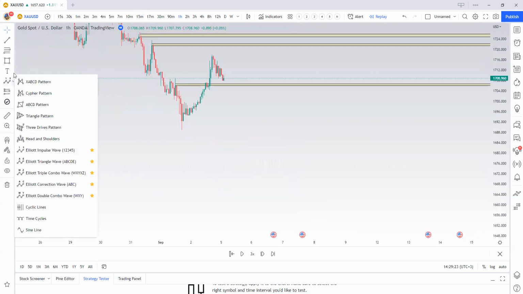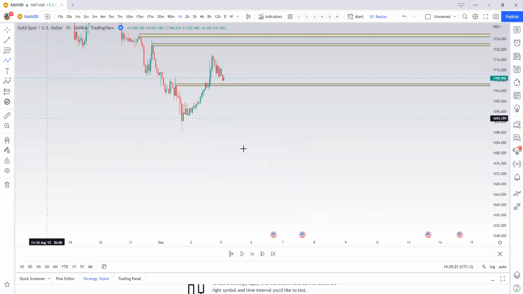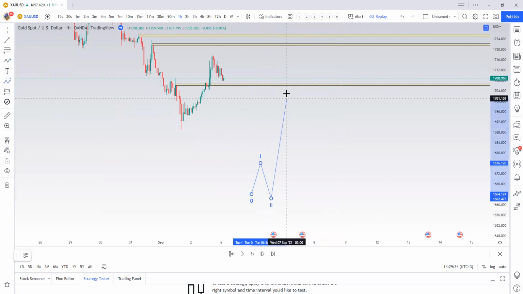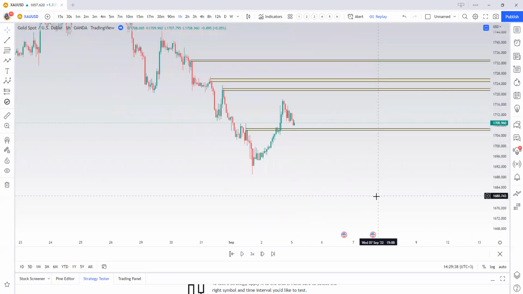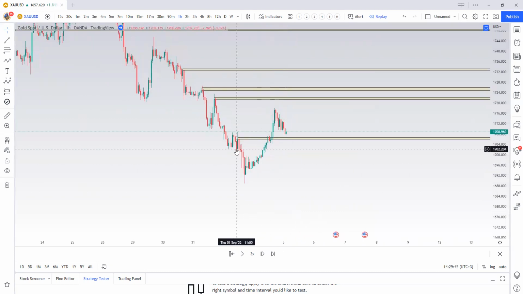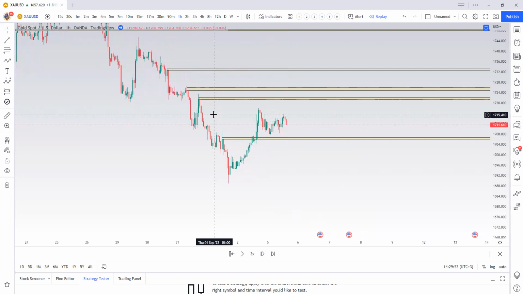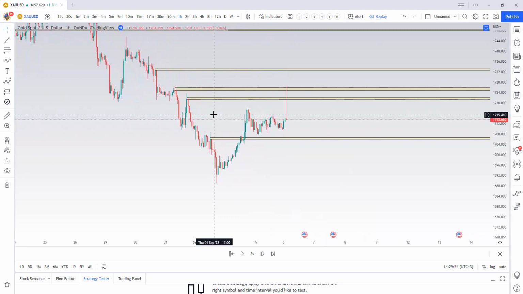We want the market moving like this and climbing its way in. We don't want the market moving like this, because this is going to be very strong momentum, and we might have a breakout, okay? Then once we approach these supply or demand levels, we look at the lower time frames.